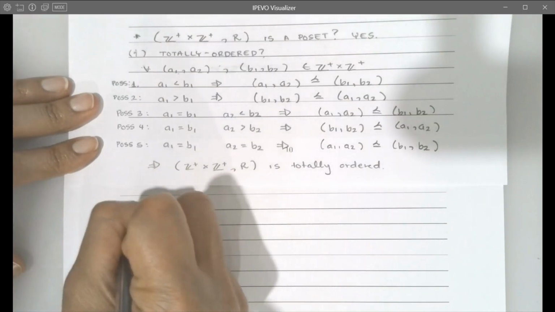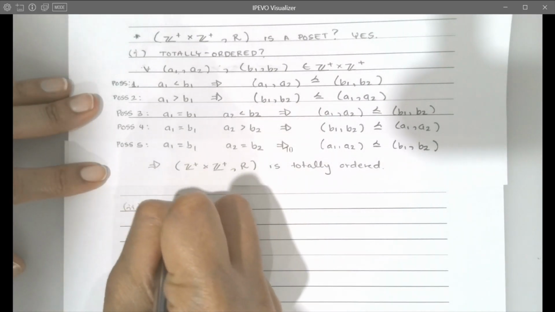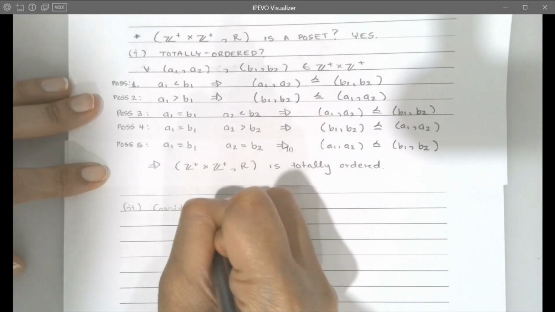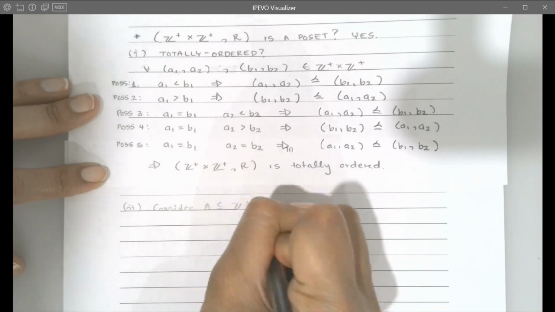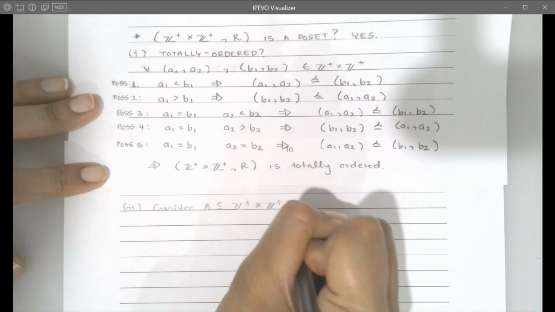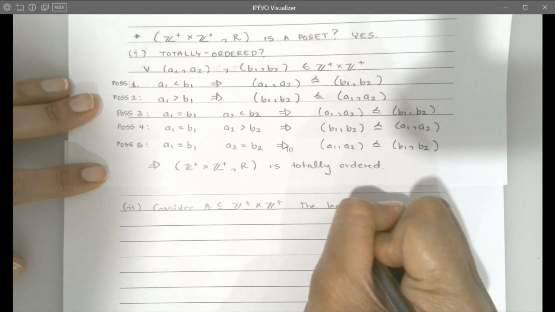So what we're going to do is consider a subset, and we're going to call it A. So consider A, which is a subset of Z plus cross Z plus. Does that have a least element? Well, the answer is yes.